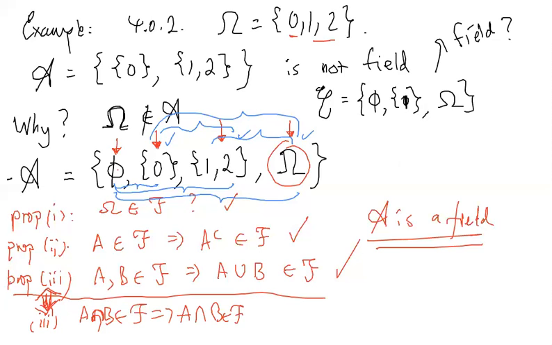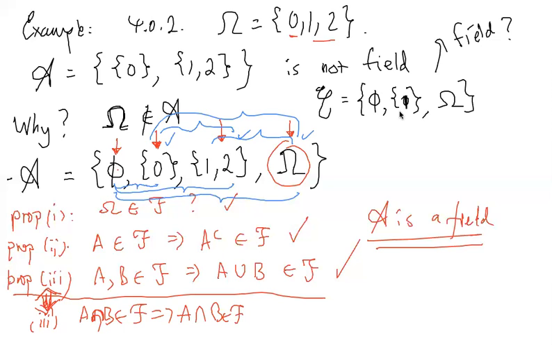It's not a field, Doctor. Yeah, why? Because if we look on the second property, let's say we take the A is equal to the 1, there's no complement inside the C. Okay, correct.